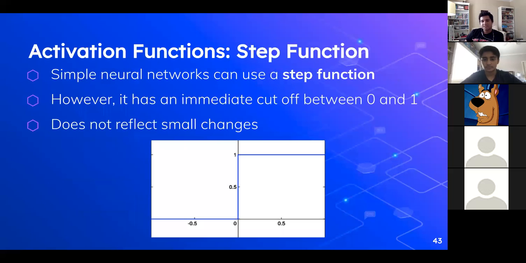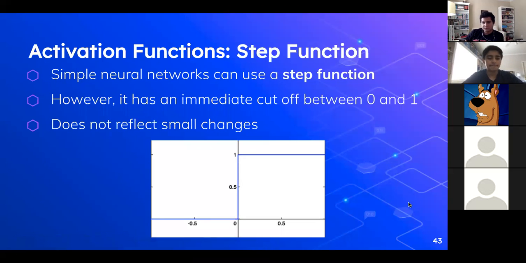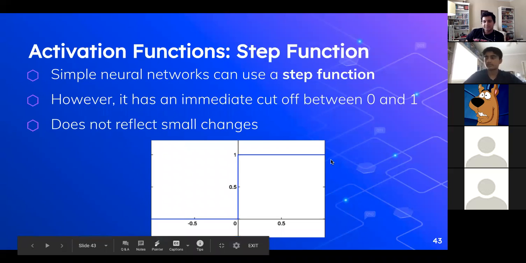So the very first simple activation function, remember a function, think back to algebra and graphing. Simple neural networks can use what's known as a step function. Can you guys see the blue on the step function over here? Is that visible in the stream? Yeah, okay. Basically a step function just looks like a stair step, right?